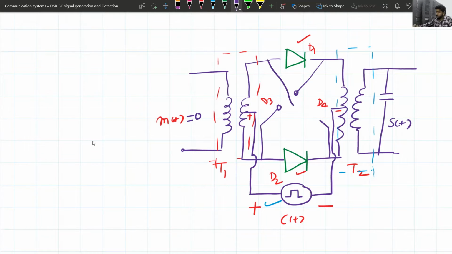Similarly, D3, D4 will be taken as open circuit, and D1 and D2 will be taken as a closed circuit, since D1 and D2 are forward biased.